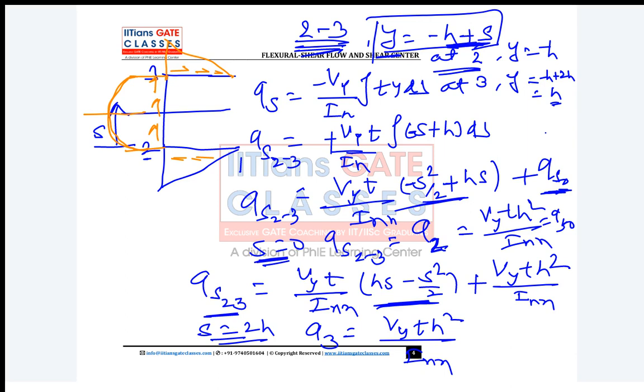So is the distribution clear now? Yes or no? Anyone has any doubt? Now someone will ask how to do for this part 3 to 4. So 3 to 4 also we can do. Not an issue.